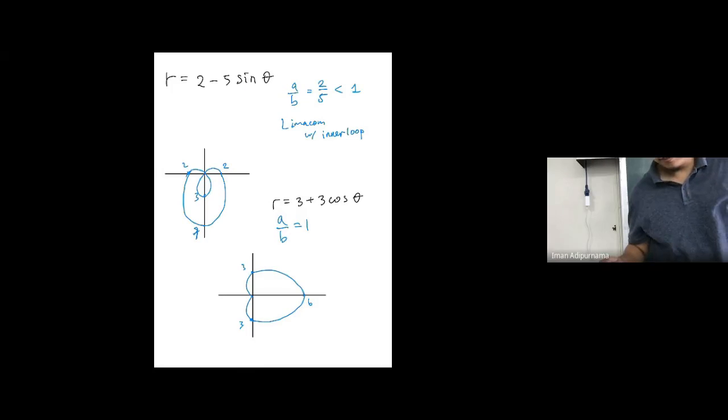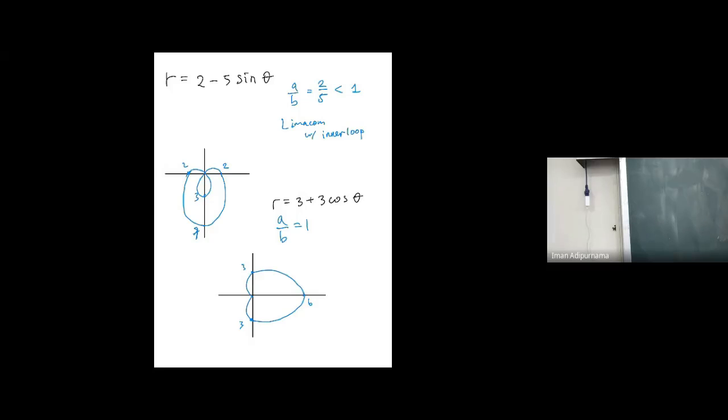It's a limaçon. The idea is actually, if you see the cardioid here, and here, okay, if you see the inner loop, it's having an inner loop, right?